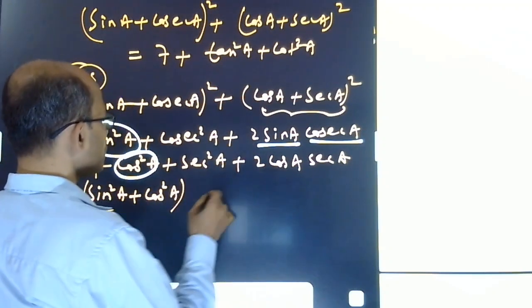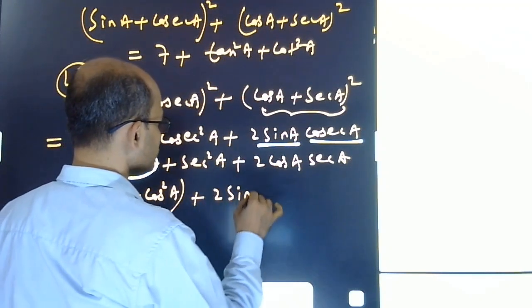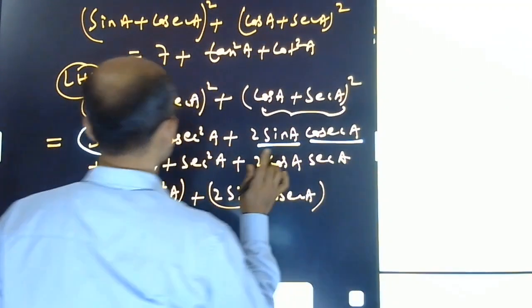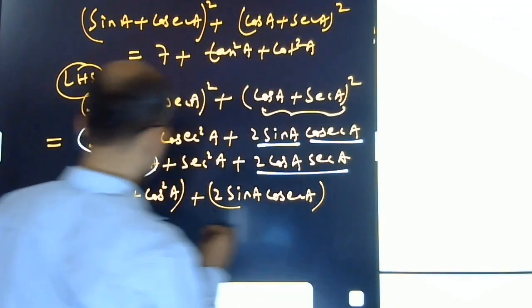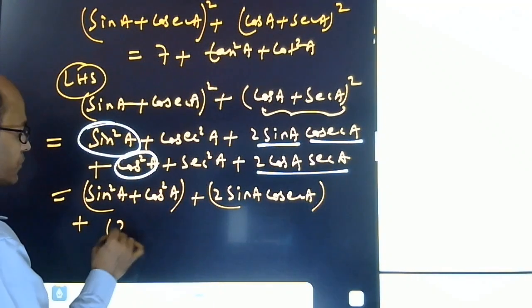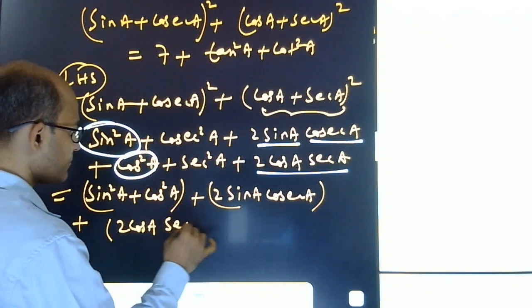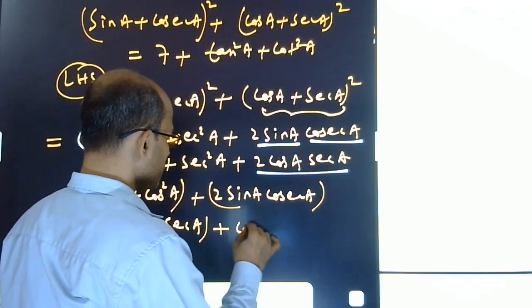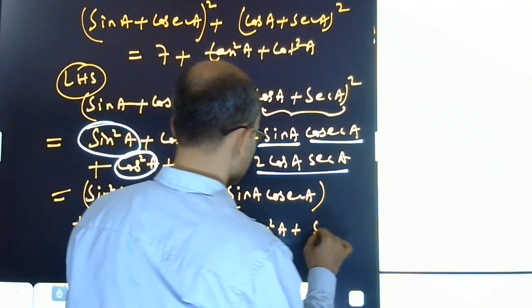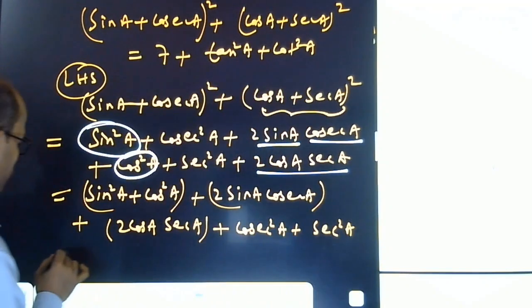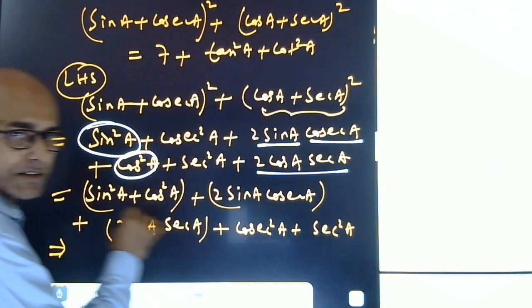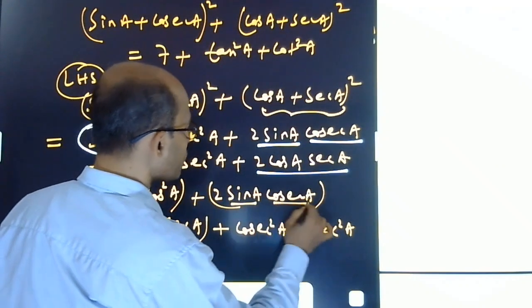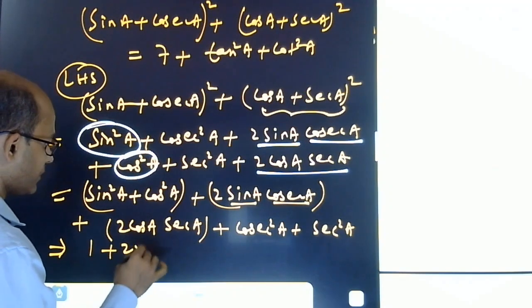Okay, right now we are required to write down 2 sin A cosec A, again take in a bracket. And another is this term that is required to be taken again in a bracket, 2 cos A sec A. Okay, and at the end we are required cosec square A plus sec square A. So what will be the value? Sin square A plus cos square A is 1 we have to take. 2 into sin A into cosec A, 2 into 1, okay.